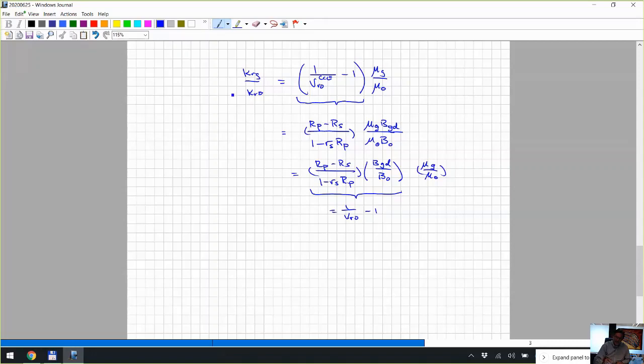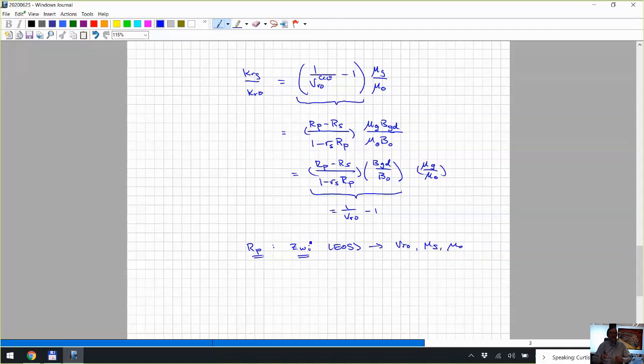So if you have a compositional model, in order to compute this entire term here, KRG at a given pressure, you just do a CCE flash. You take the VRO, you've got the gas and oil viscosity, and bang, we've got the same numbers we calculated yesterday. But instead of using RP, we're using well stream composition with the EOS to get VRO, mu G, and mu O. So we're using the same kind of information.